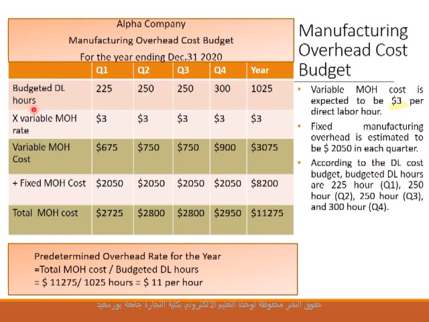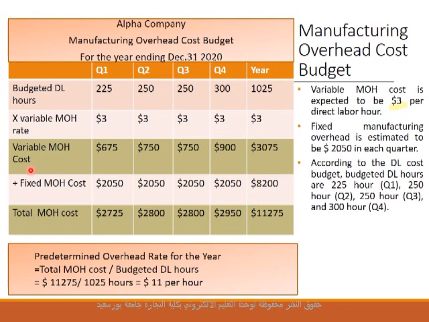Budgeted direct labor hours according to the previous direct labor cost budget is 225 hours in the first quarter, 250 hours in the second quarter, 250 hours in the third quarter, and 300 hours in the last quarter. This should be multiplied by variable manufacturing overhead rate, $3 per hour, to obtain variable manufacturing overhead cost.